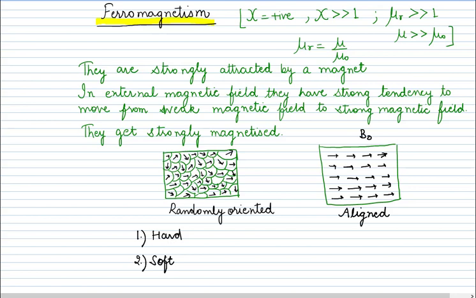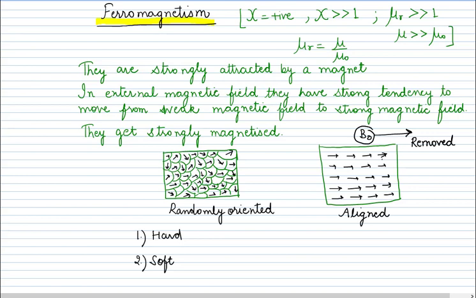All these ferromagnetic materials possess this quality: there is a net magnetization in the presence of an external magnetic field. Now if we remove this external magnetic field, if this B naught is removed, just imagine we are removing this magnetic field.